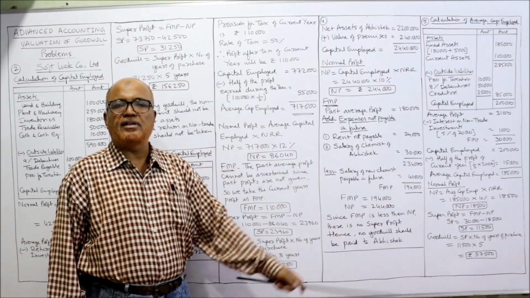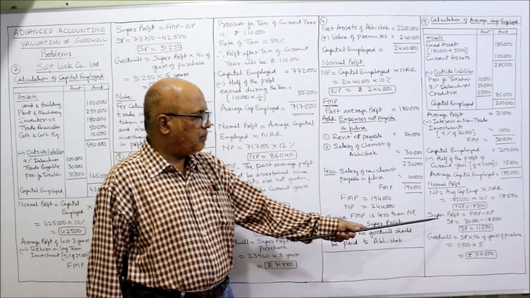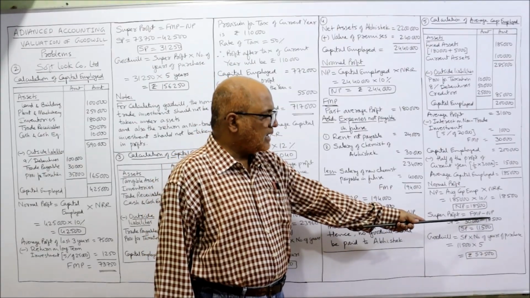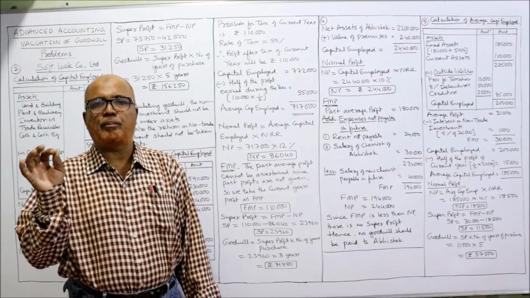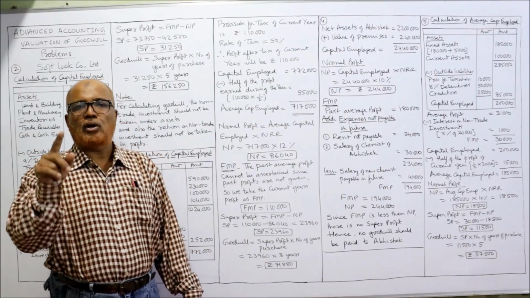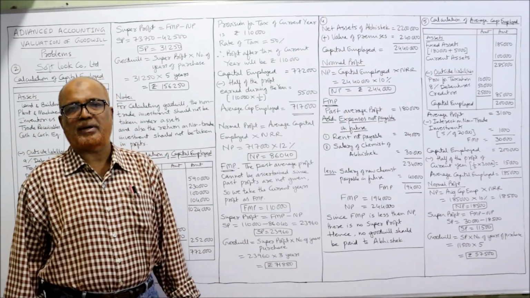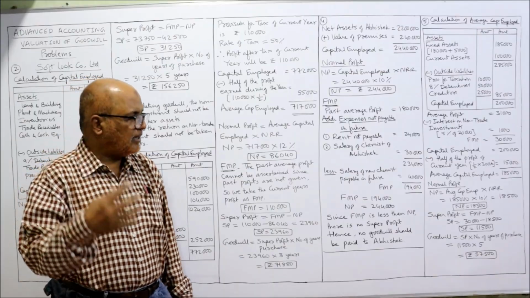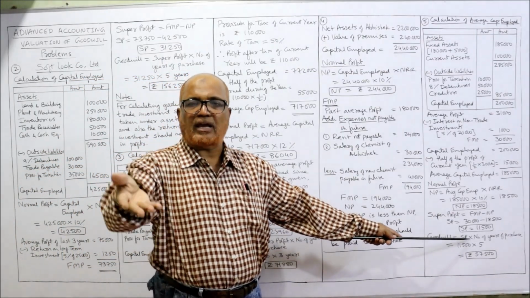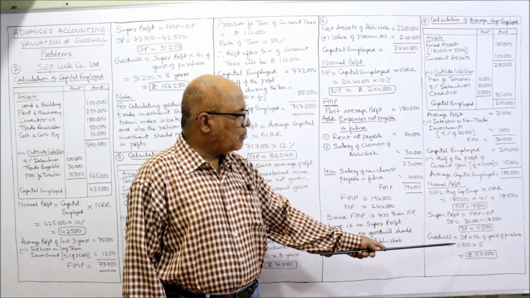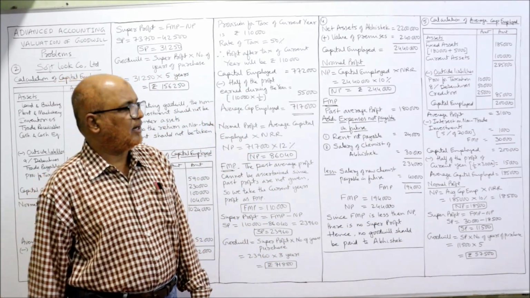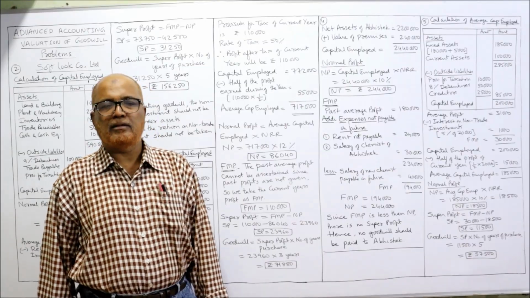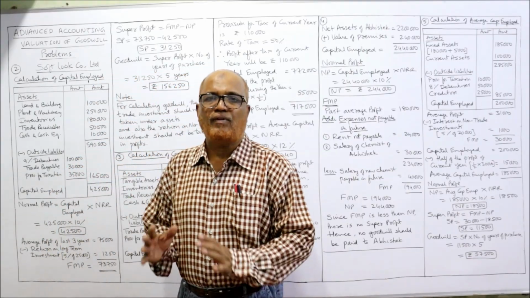So super profit is equal to FMP minus NP. 30,000 minus 18,500, 11,500 is the super profit. Now, goodwill is equal to super profit into number of years of purchase. It is given in the problem, 5 years of purchase. 5 times of super profit. The super profit 11,500 into 5. 57,500 is the goodwill. This is the end of problem number 5.